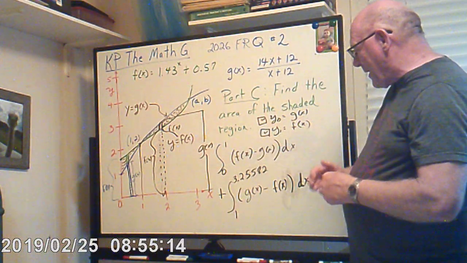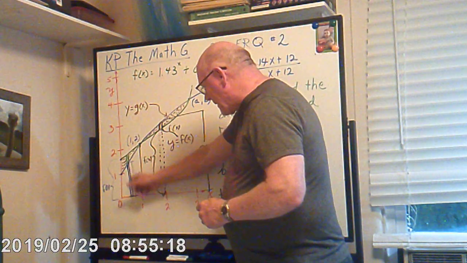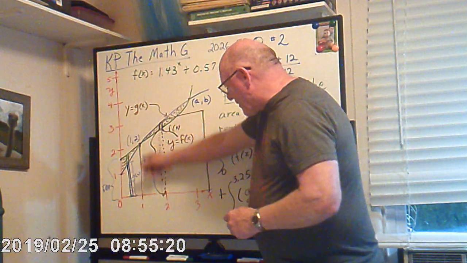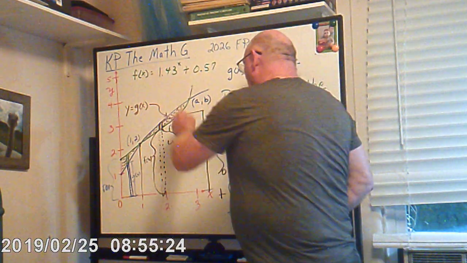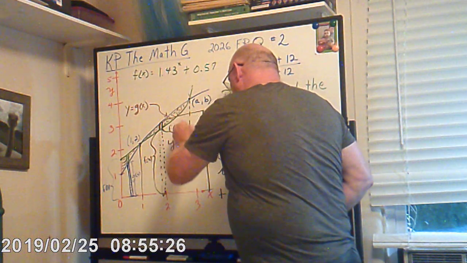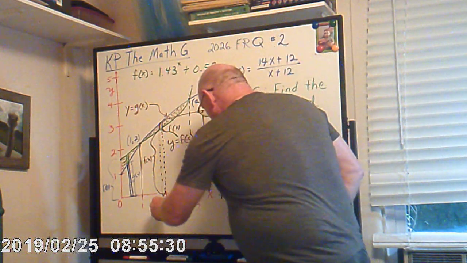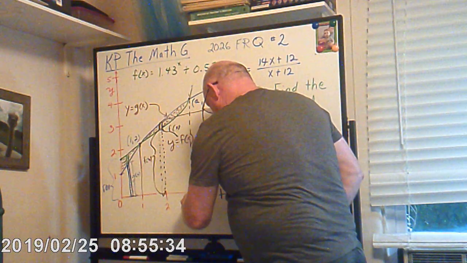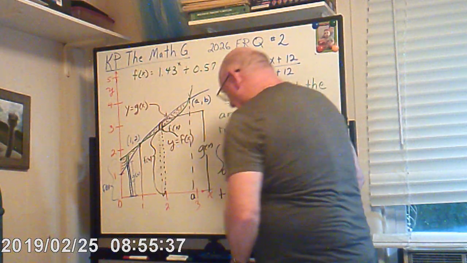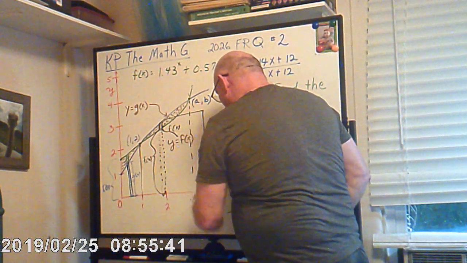But the first idea is F minus G, plus, from 1 to A. From 1 to A is all we're testing here. And actually, it's further out than that, because this is certainly not drawn to scale.